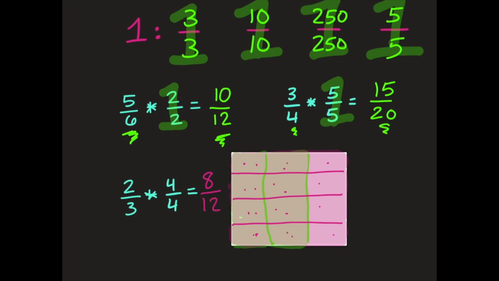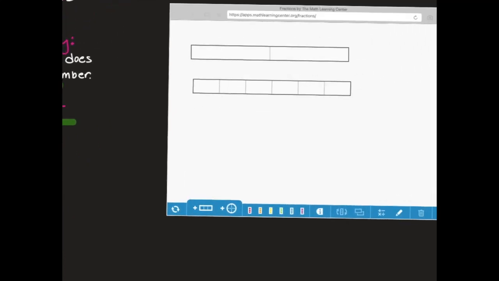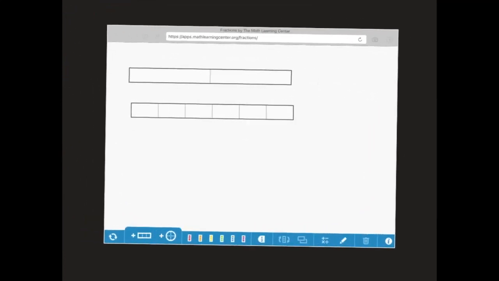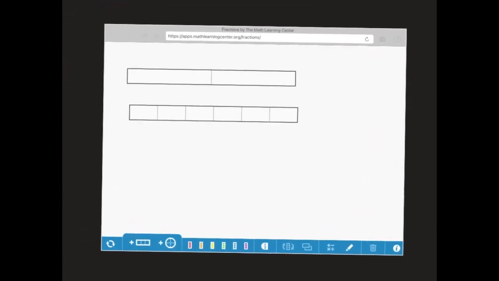And so you can also see 2 times 4 is 8, 3 times 4 is 12, and they are equivalent fractions. I'm going to show you over here the sizing of it so that it can also make a little bit more sense.